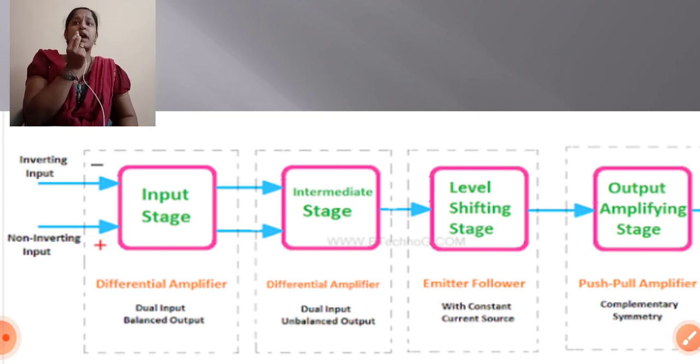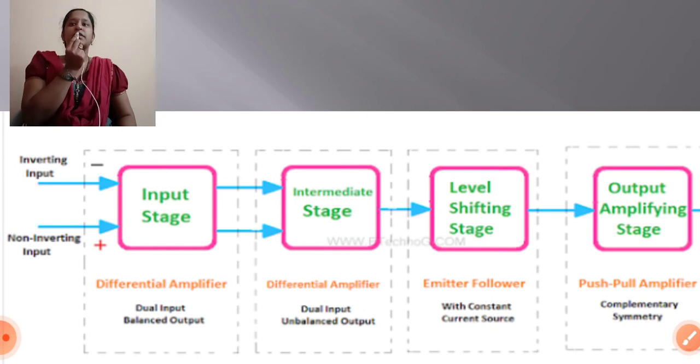In most amplifiers, the intermediate stage is a dual input, unbalanced or single-ended output, because direct coupling is used. The DC voltage at the output of the intermediate stage is well above ground potential. Therefore, generally a level shifting transistor circuit is used.